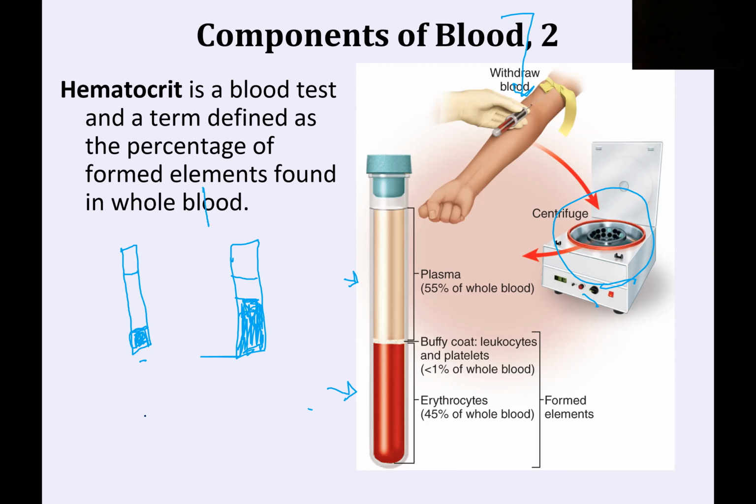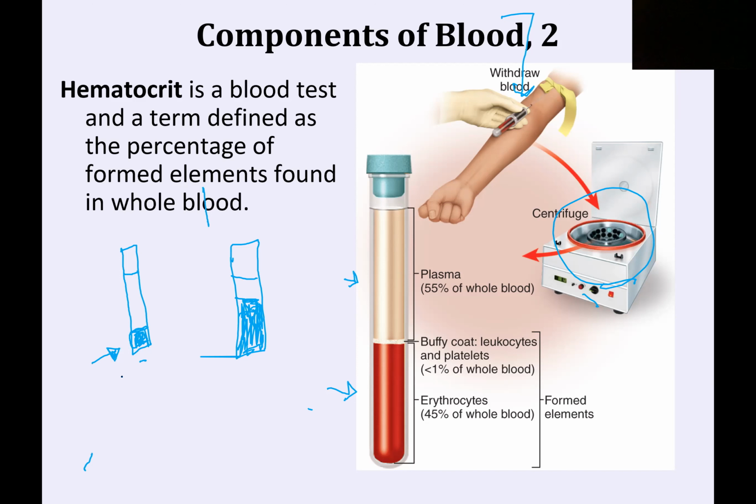Now, a correlation between hematocrit and blood pressure, and you'll need this information to answer part of your lab. So if you have low hematocrit, that's going to cause the blood pressure to increase because it's very thin and it's flowing really, really fast.